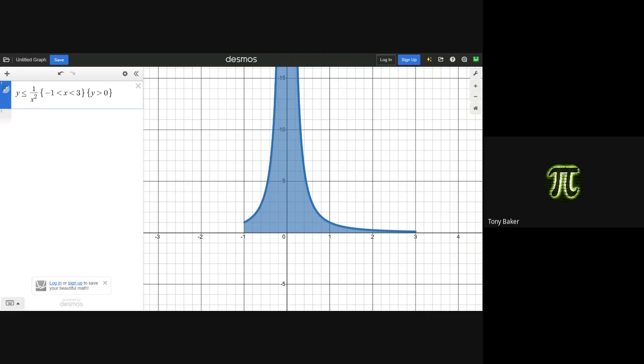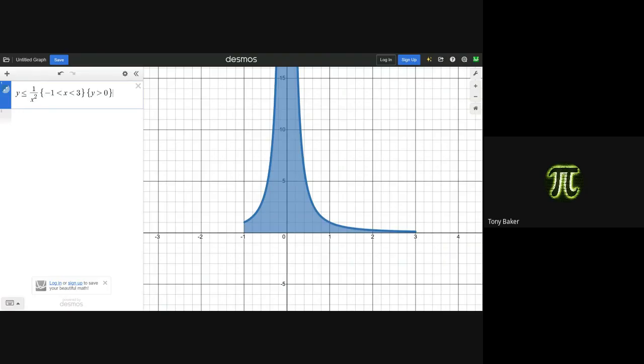What do you notice about this? Positive. Okay. Yep. What else? The asymptote. The vertical asymptote. I have a vertical asymptote in this one. That goes to infinity.